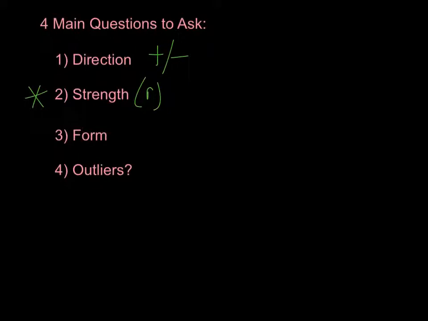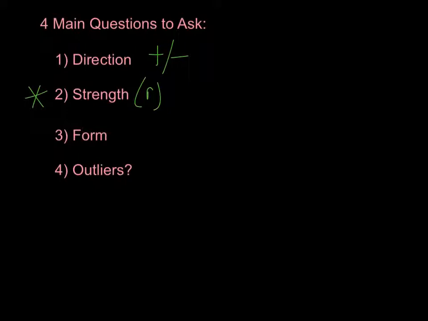The strength is simply how spread out our points are around this line that we're trying to look for. If the points are pretty tightly centered around the line, that's a higher strength. Or if the points are spread out so much that we look at it and say the association or the correlation is pretty weak. So our strength is going to be our correlation coefficient.